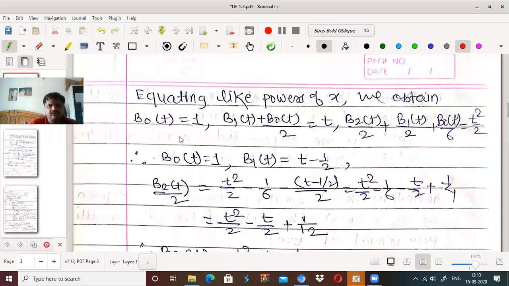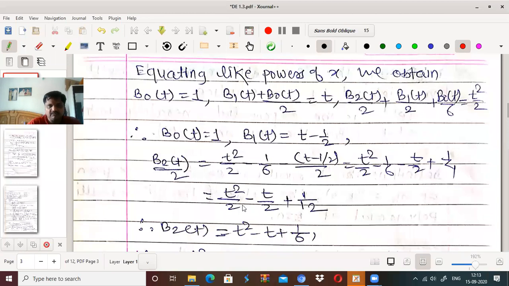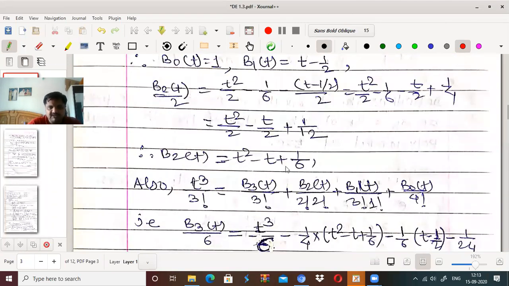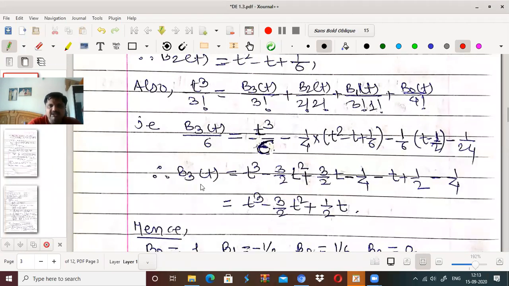That is B0(t) equal to 1, B1(t) equal to t minus 1 by 2, B2(t) equal to t square minus t plus 1 upon 6, B3(t) equal to t cube minus 3 by 2 t square plus 1 upon 2. Right?